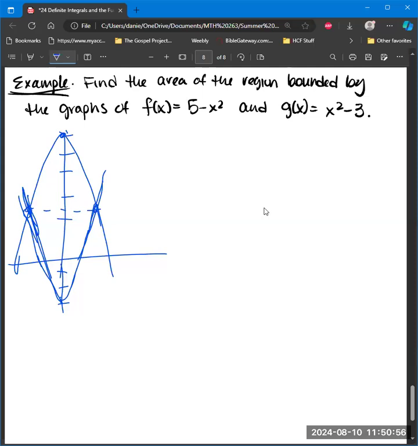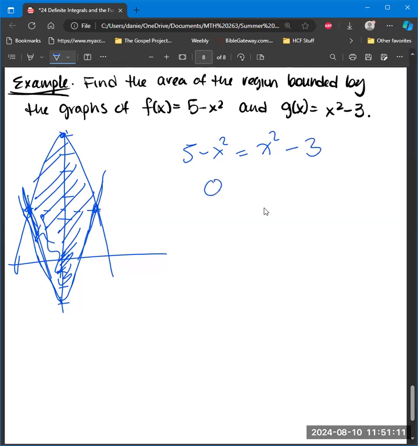And I'm interested in the bounded area between these two curves, which is going to be from there to there. So 5 minus x squared equals x squared minus 3. Let's bring everything over to the side to make x squared positive.